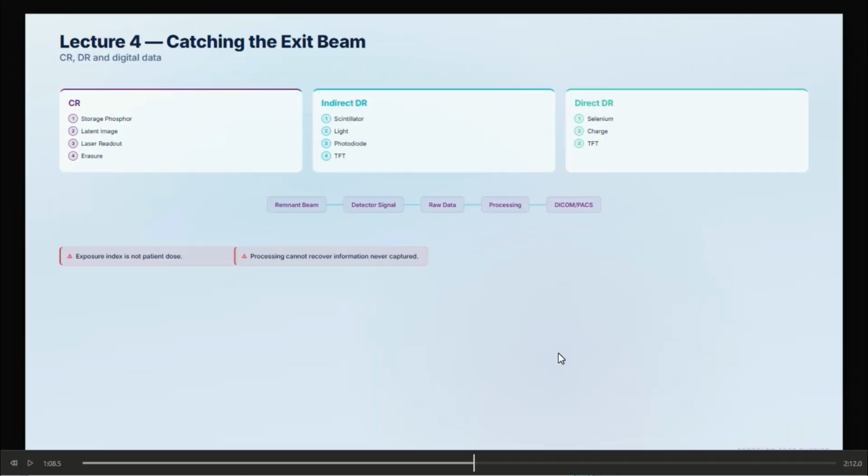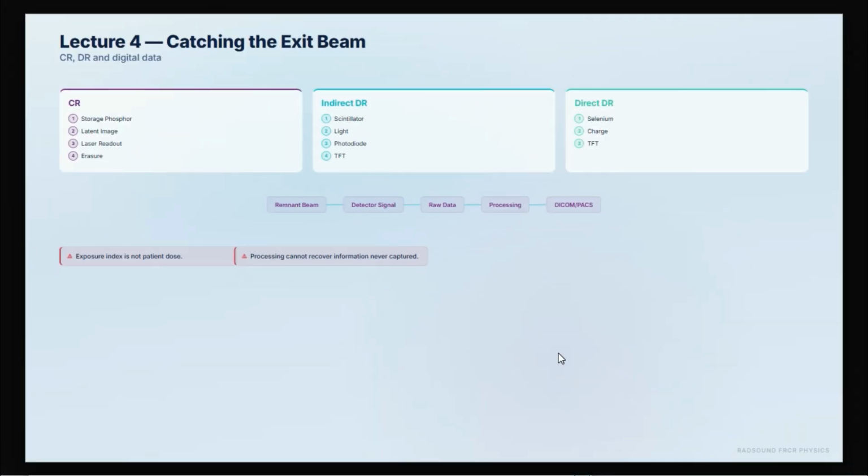Well, there are two types of detector: CR, computerized radiography, and digital. For the CR, as the remnant X-ray comes, it is going to hit the plate, the phosphor at the beginning of the plate after the coating layer. That phosphor is mostly PSP, photostimulable phosphor, which is made from barium fluorohalide.